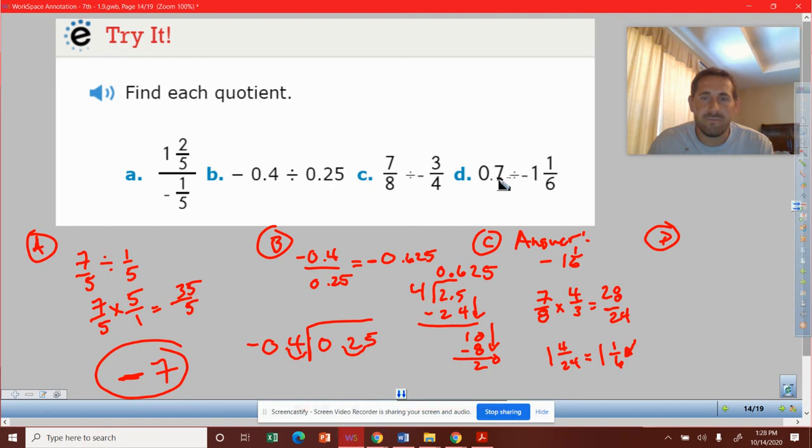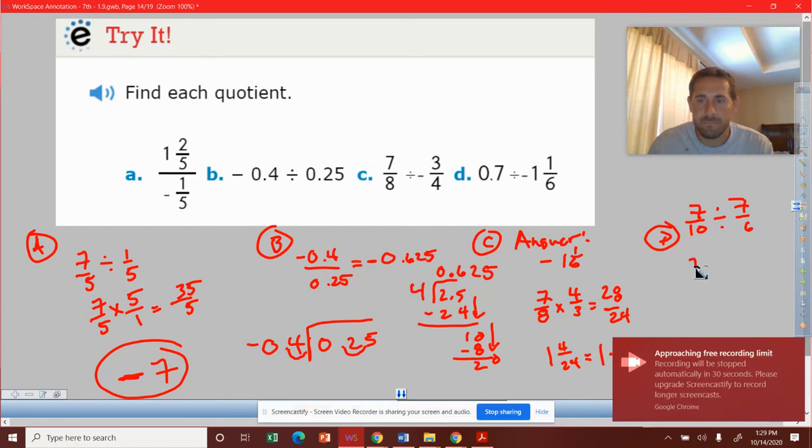So can I convert this to a fraction? So 0.7 or 7/10. I just said it, right? It's 7/10. So we can turn this D to 7/10 divided by, and we're going to turn this to improper. 6 times 1 is 6 plus 1 more. It's 7 over 6.